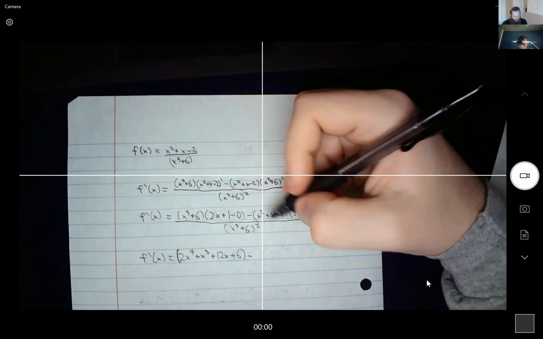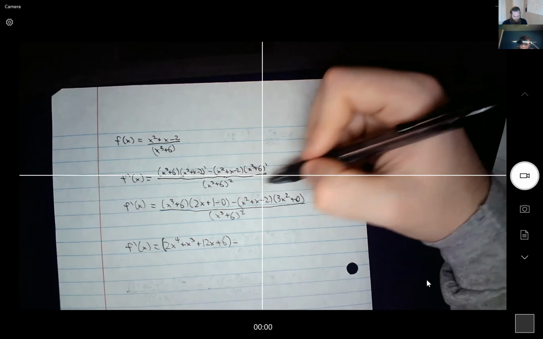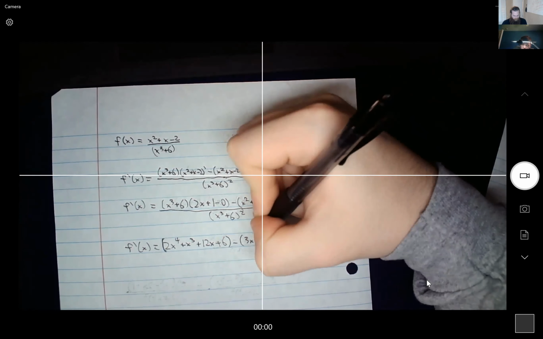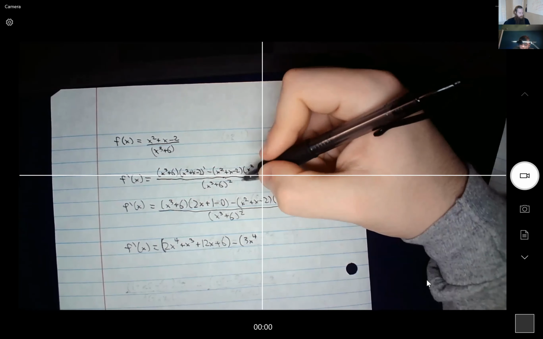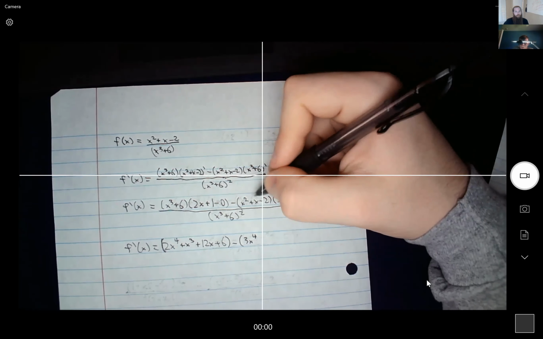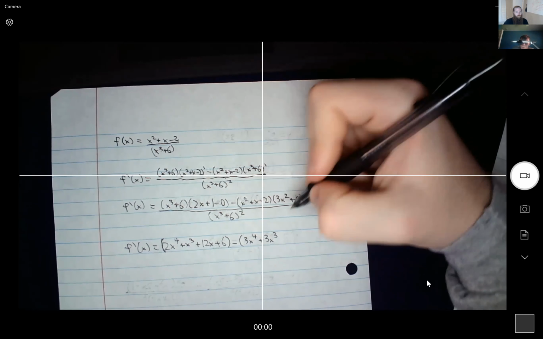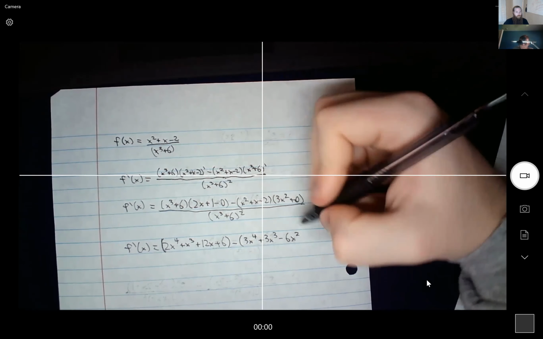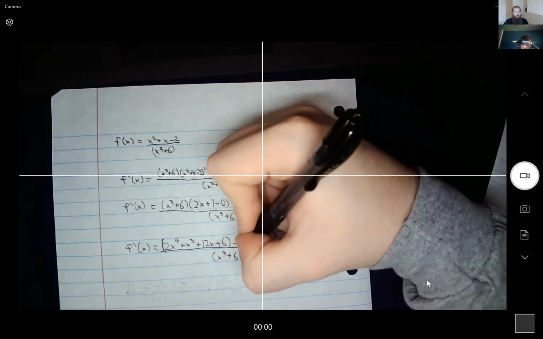Minus x squared times 3x squared is 3x to the fourth. x squared times 0 is 0. 3x squared times x is 3x to the third. Negative 2 times 3x squared is negative 6x squared. All over x to the third plus 6 squared.